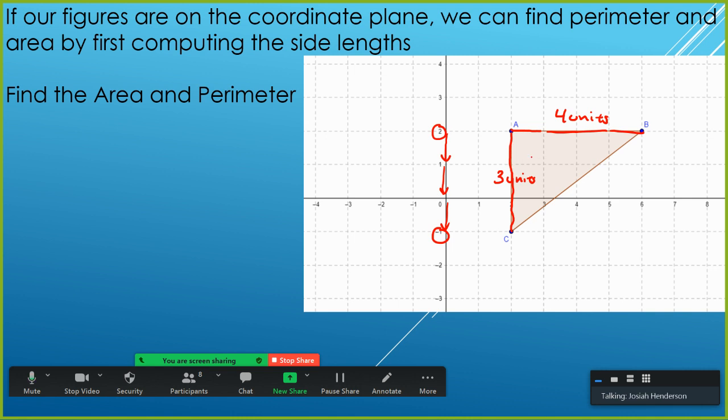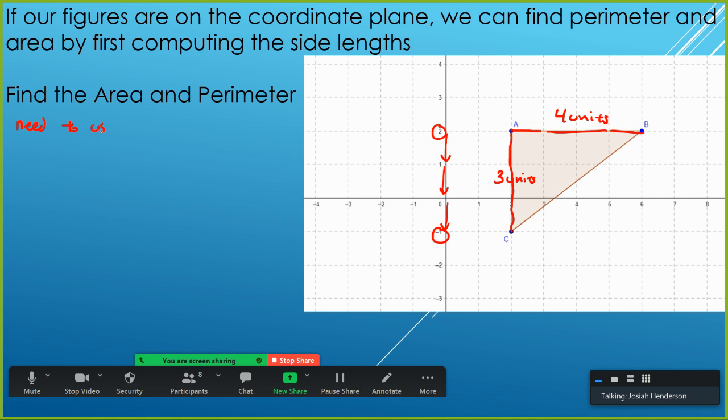It's a little trickier for BC. We can't just look at BC on this picture and count squares. It's diagonal, so it's not using a whole number of squares to go from B to C. So we do have to use our distance formula, which has come up a couple times this year, to find BC.